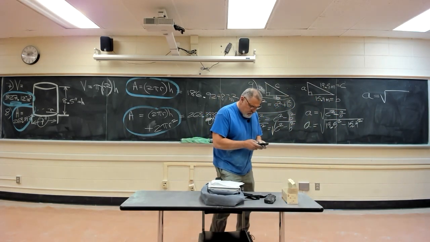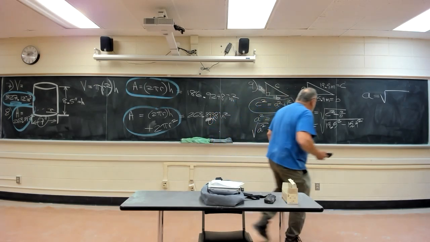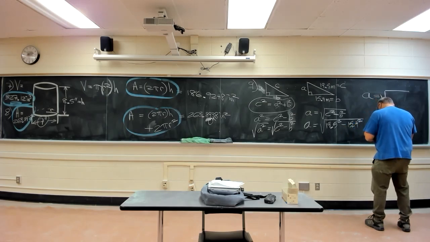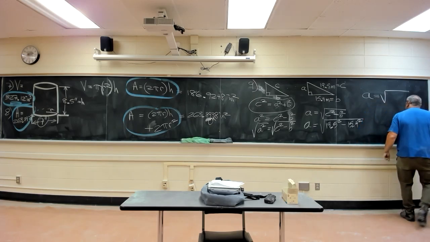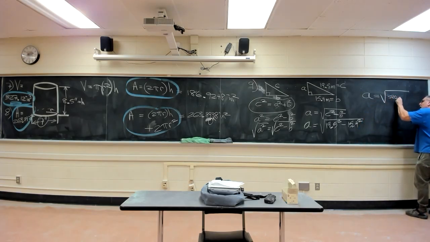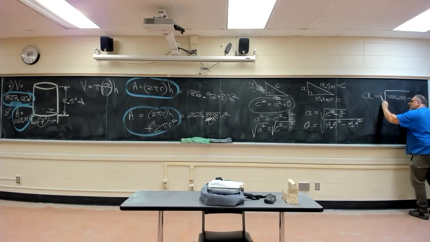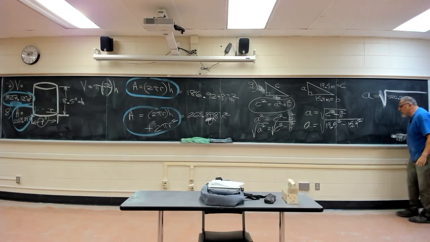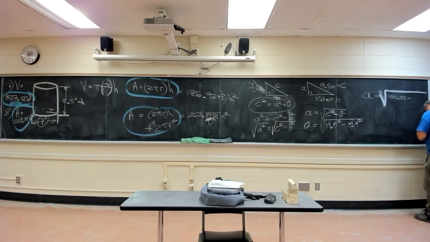Well, nineteen point five squared is 380.25, and 15.4 squared is 237.16.